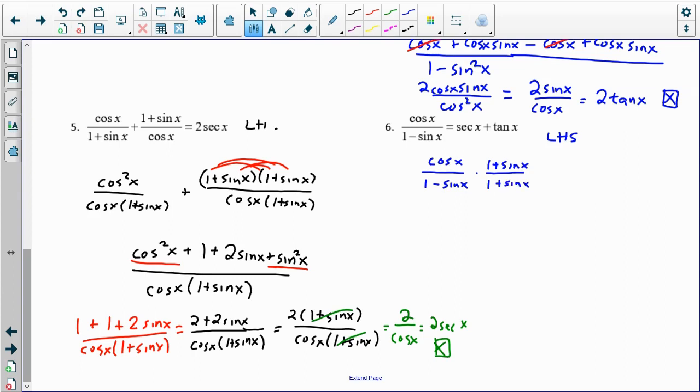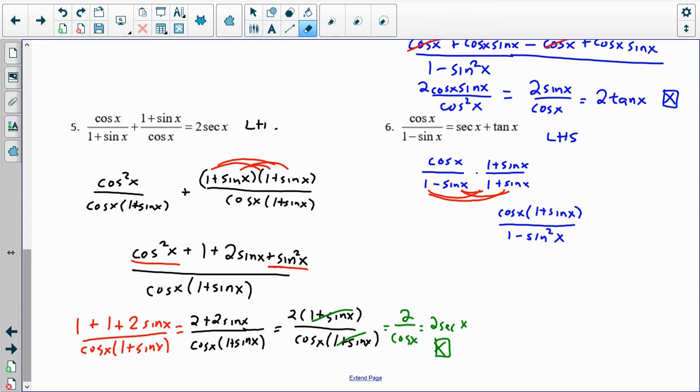And the reason why I want to do that, well, now the numerator ends up being cosine x times 1 plus sine x. The denominator now is 1 minus sine squared x. So notice that the conjugate, when I distribute, when I end up distributing with the conjugate, it gets rid of all the middle terms, just like it always did in previous units when we were multiplying by the conjugate.